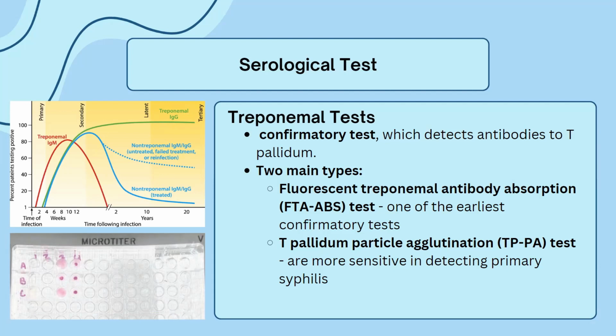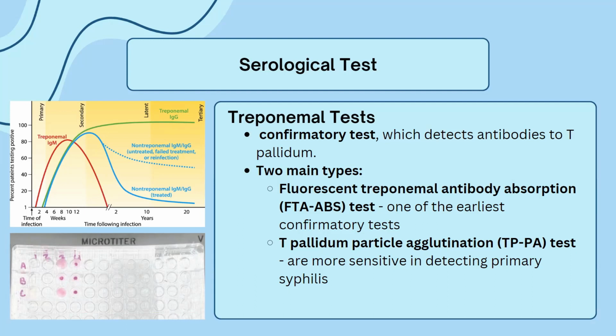Diluted patient samples and controls are applied to individual wells on test slides fixed with the Nichols strain of T. pallidum. Following a 30 minute incubation at 37 degrees Celsius, the slides are washed and air-dried, and antibody conjugate is added to each well.